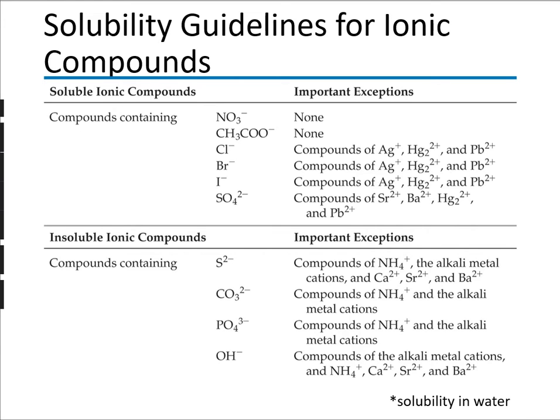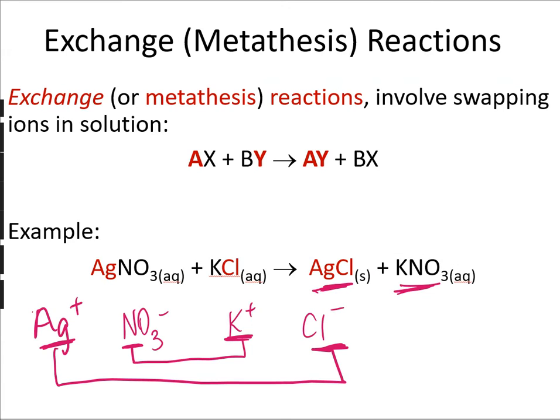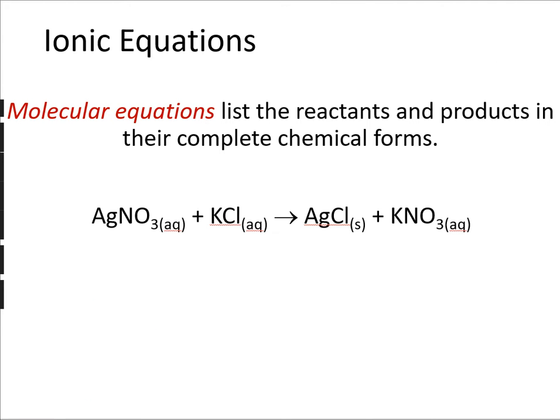So that allows us to determine our physical state. That is how we have solid for silver chloride because it was insoluble because of that silver exception, and aqueous for potassium nitrate because they were all soluble. When we look at the formulas for our reactants and our products, with the physical states, that's what's called a molecular equation.